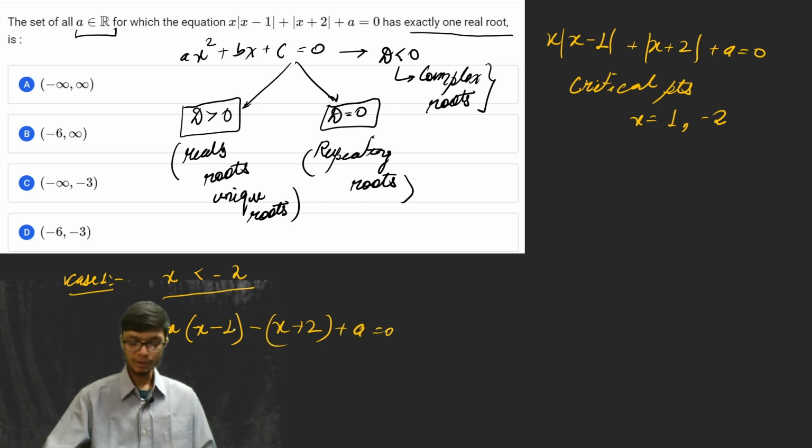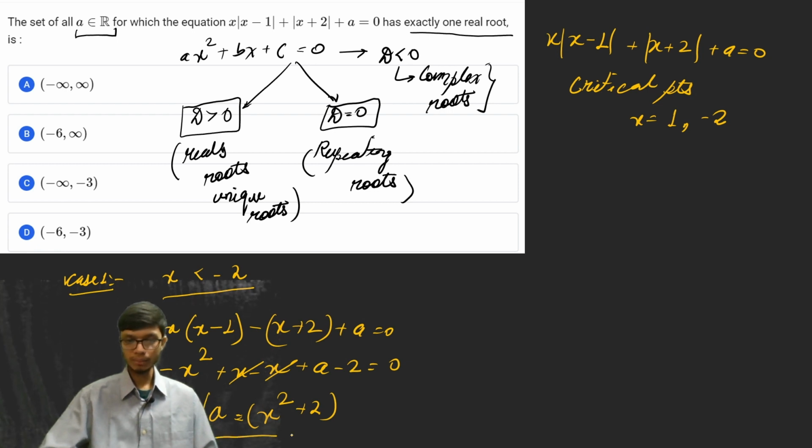From here, I will get minus of x square plus x minus x, plus a minus 2 is equal to 0. So I get the quadratic as x square plus 2 is equal to a. Now if you look at x square plus 2, it is always positive.